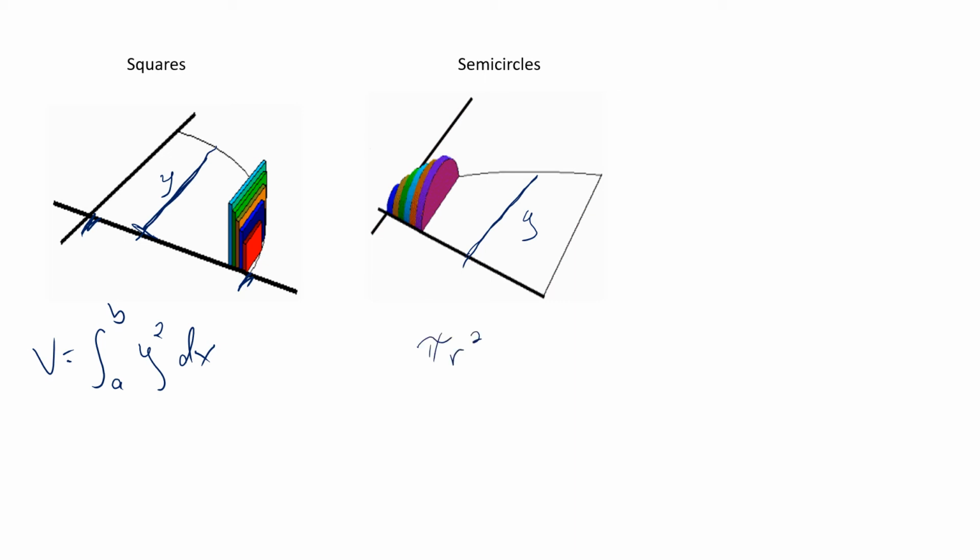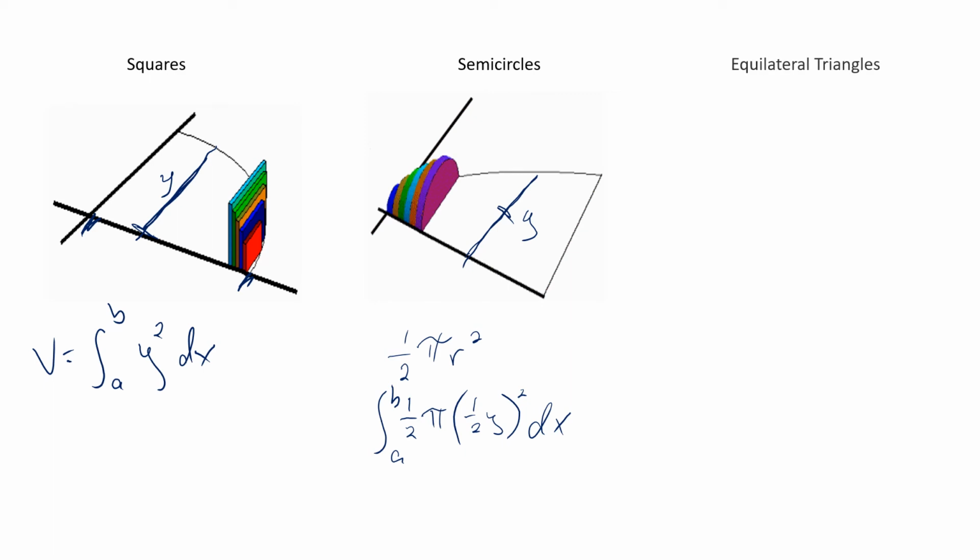So a semicircle is going to be 1/2 of that. Well, the radius isn't actually y, that's the diameter. It's going to be half of y. So we'll have 1/2 of pi times 1/2 y squared, integrate from a to b dx, and we can do it that way.